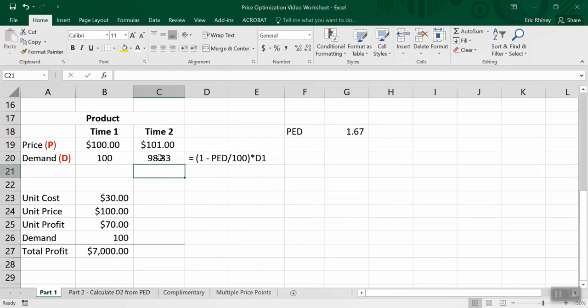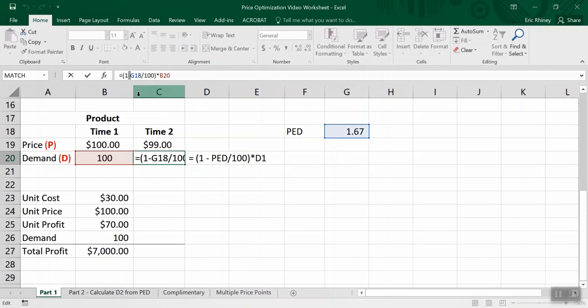So basically, this is saying now, if we have a price elasticity of demand of 1.67, as we increase the price by $1, our demand is going to be 98.33. All right. If we were to decrease this by 1 percentage point, I'm just changing this to a negative, we go down by $1 to 99, then what we would do here is add this.